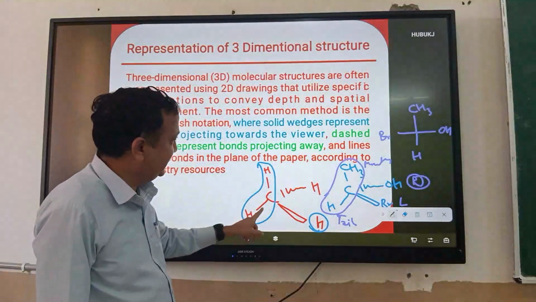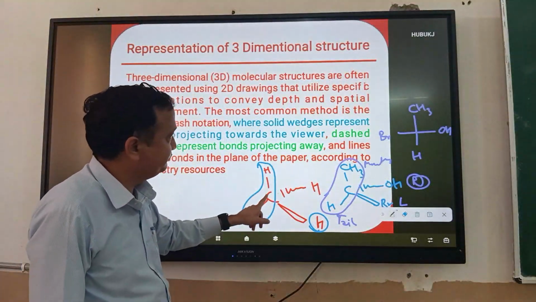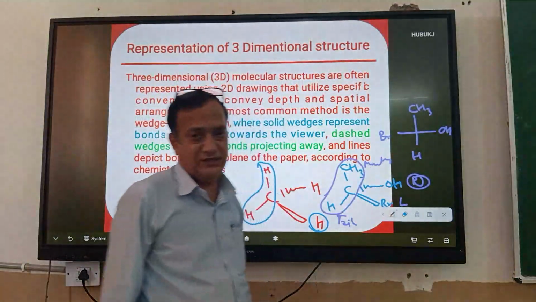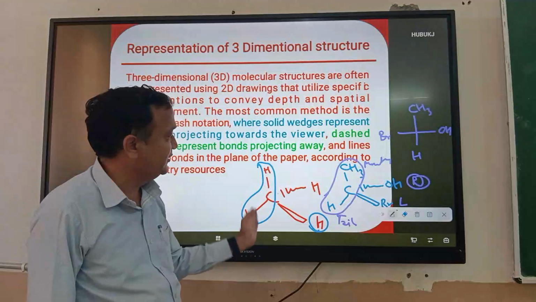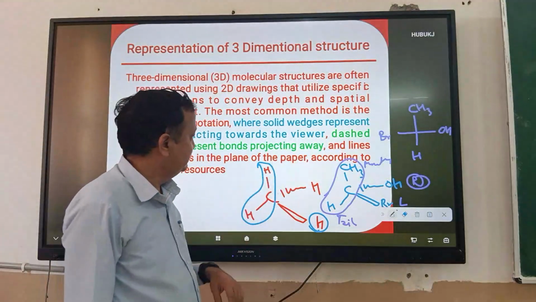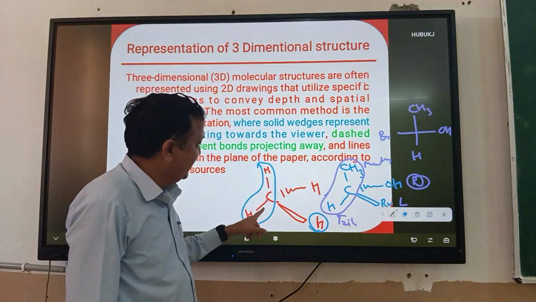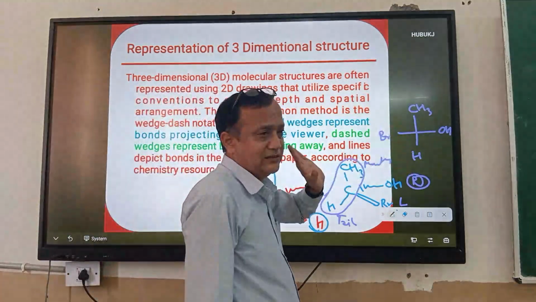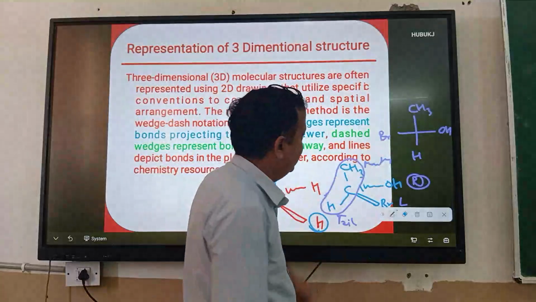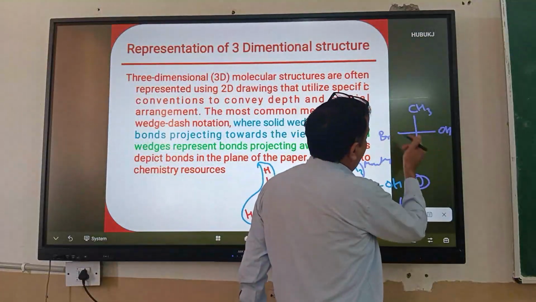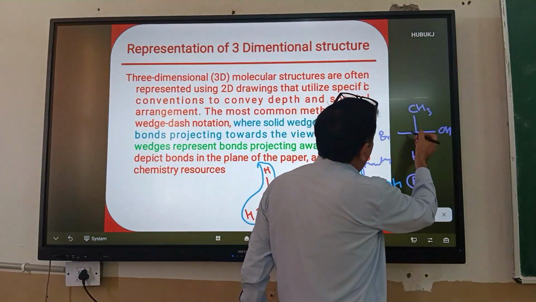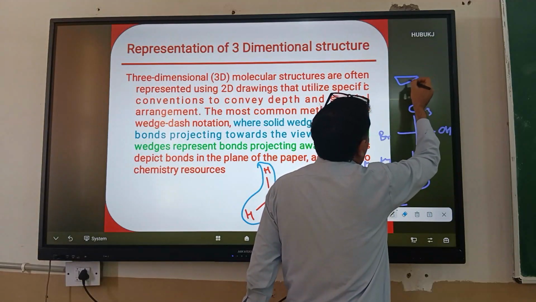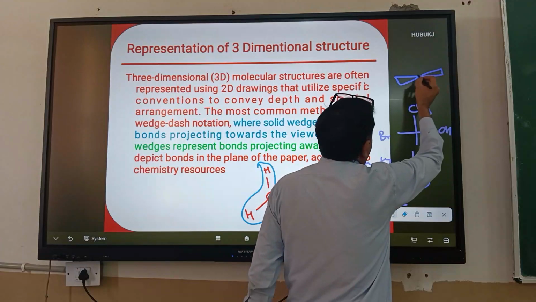So you can convert this flying wedge structure into Fischer's projection. The flying wedge is a three-dimensional representation. This is also a three-dimensional representation. Here, the bonds which lie horizontally are pointing towards you.